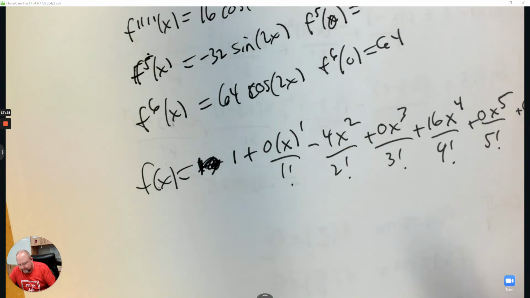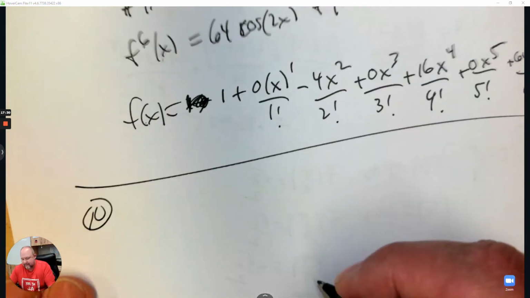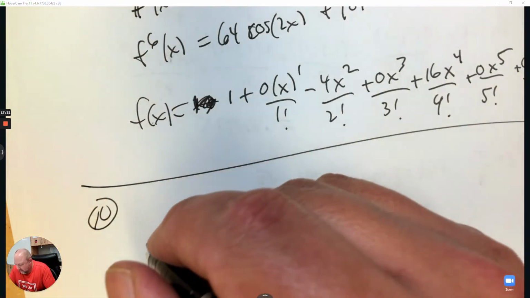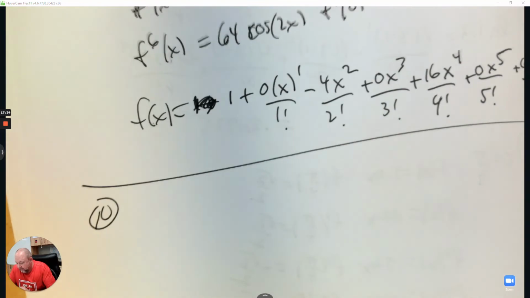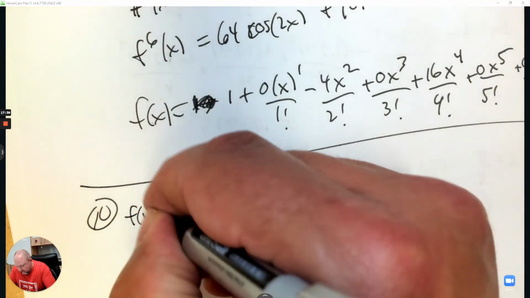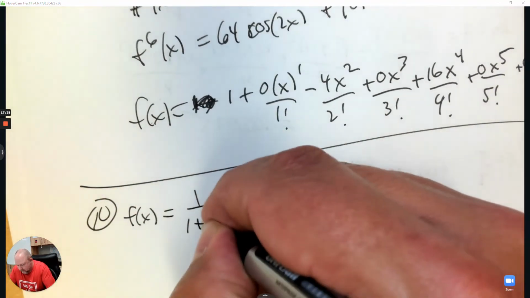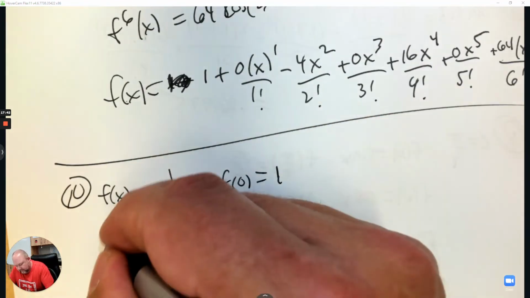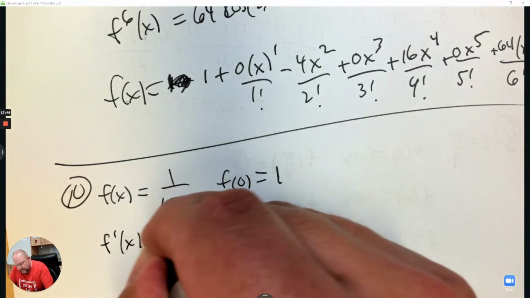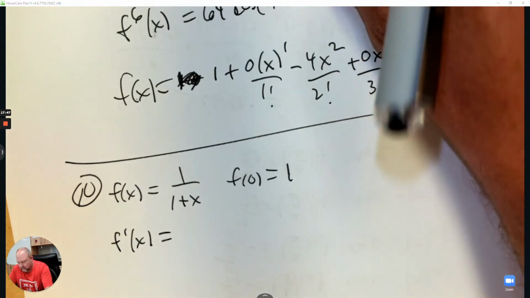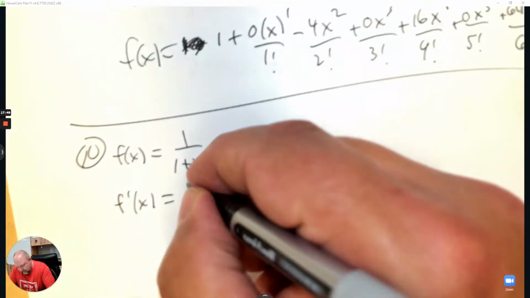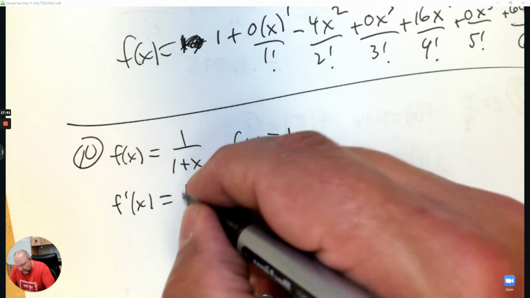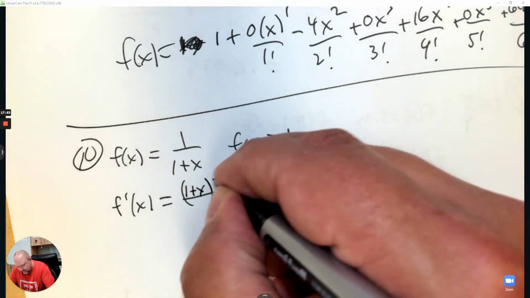All right, number 10. Use the definition of a Maclaurin series. We have a function. Maclaurin means f at 0. So if I plug in 0, the derivative here, the bottom, or maybe we just write it as 1 plus x to the negative 1.